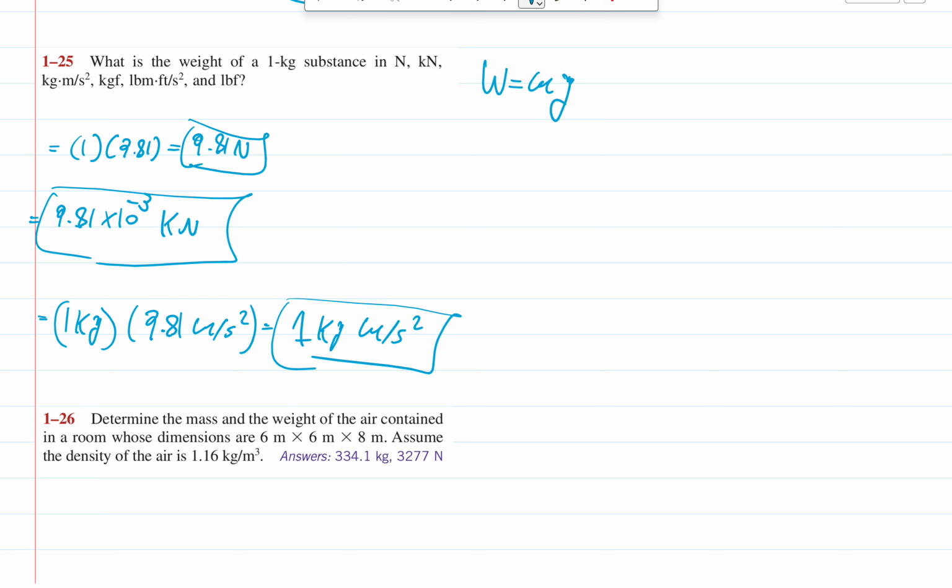For the next one, it's going to become 1 kilogram, 9.81 meter per second square, 1 newton, 1 kilogram meter per second square.